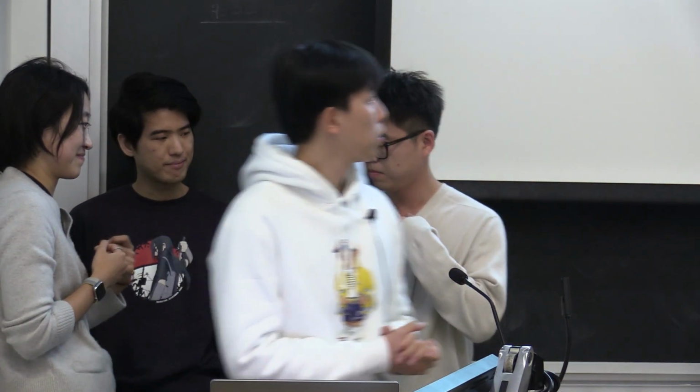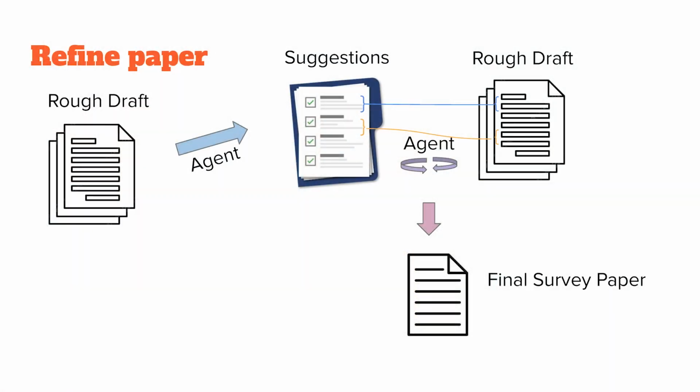This step will produce the final survey paper. The input will be a rough draft generated by the system mentioned in the previous slides. One agent will review the overall rough draft and provide suggestions for each of the sections. Then another agent will take in the suggestions two sections at a time along with the corresponding sections within the rough draft.